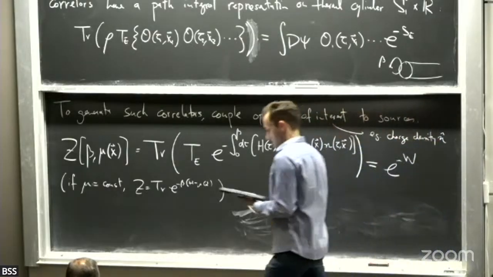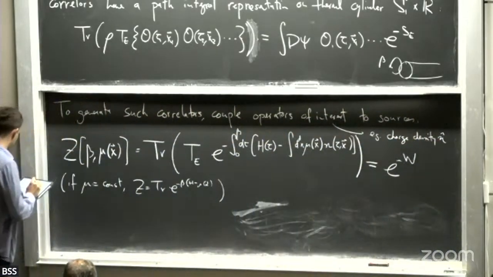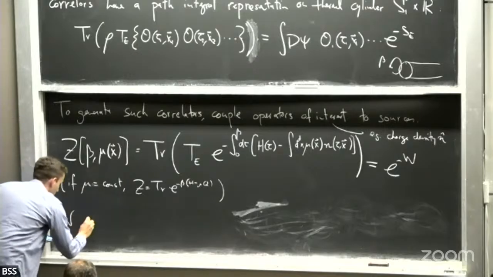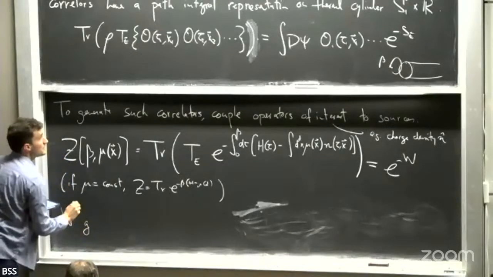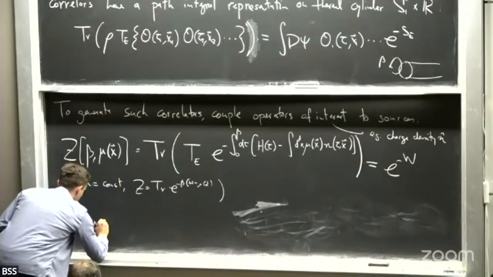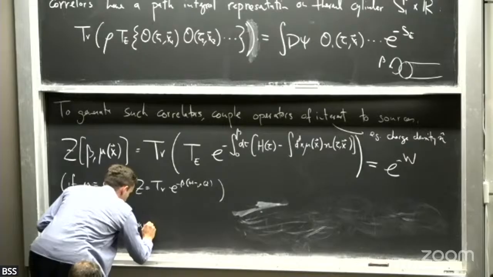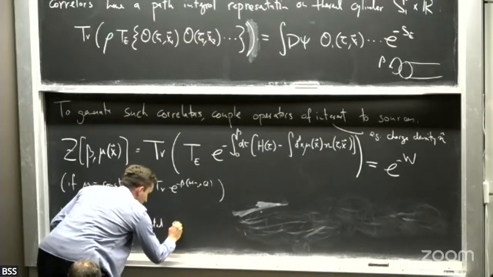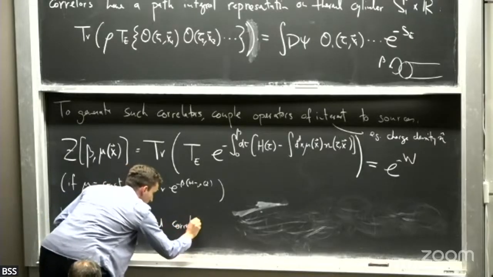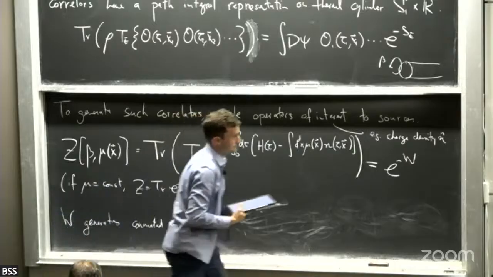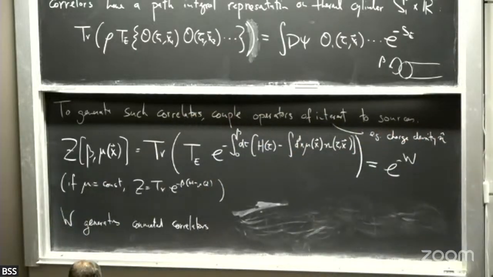This W, this generating functional, generates static connected correlation functions, or said differently, correlation functions of time-integrated operators.